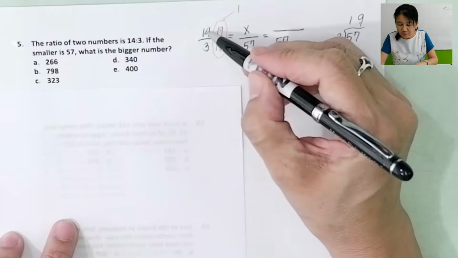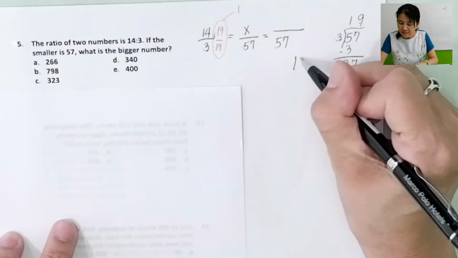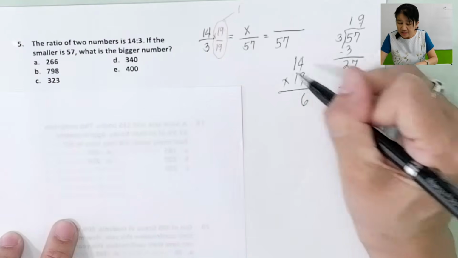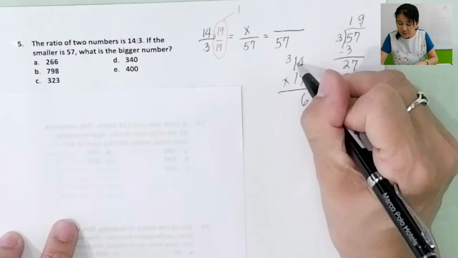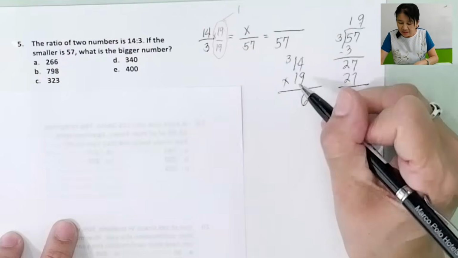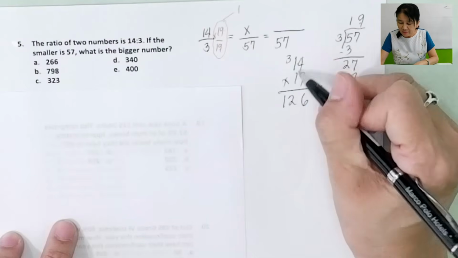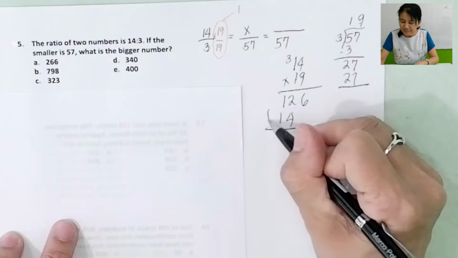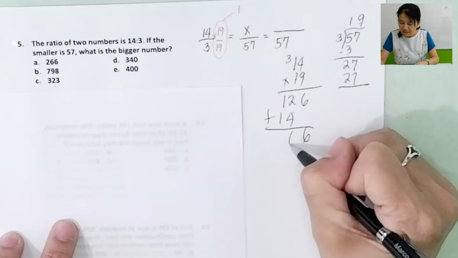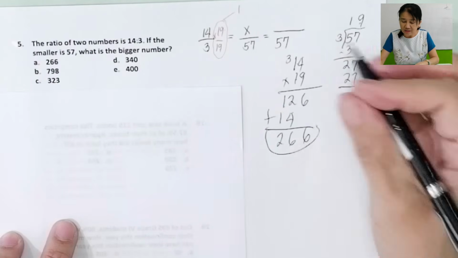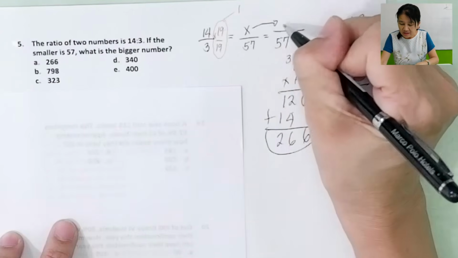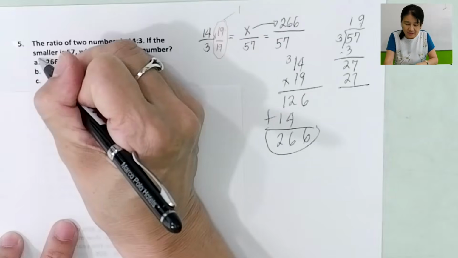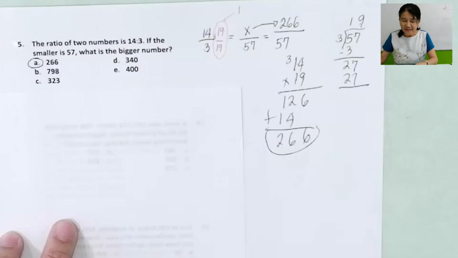And 14 times 19: 9 times 4, 36, carry 3. 9 times 1 is 9, plus 3, 12. 4 times 1 is 4. 1 times 1 is 1. Add them, you get 266. So x here is 266. So the final answer is letter A.